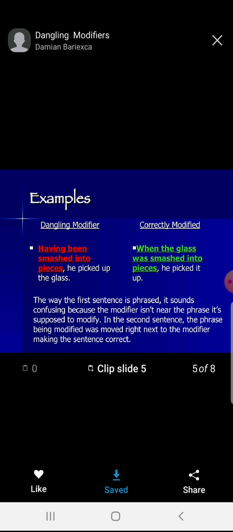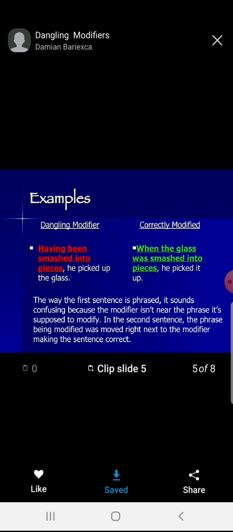Jadi kita cek mana kira-kira kata benda yang pas buat dimodify sama modifier having been smashed into pieces ini. Nah, maka setelah itu secara logika kita simpulkan bahwa yang hancur berkeping-keping adalah gelasnya bukan he-nya. Maka dibetulkan jadi when the glass was smashed into pieces, he picked it up.